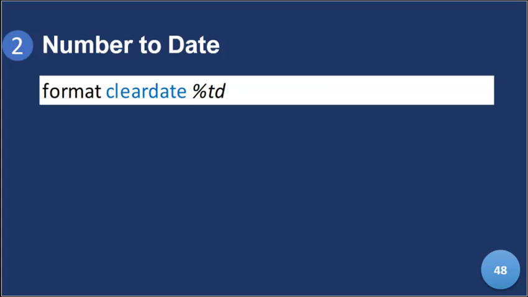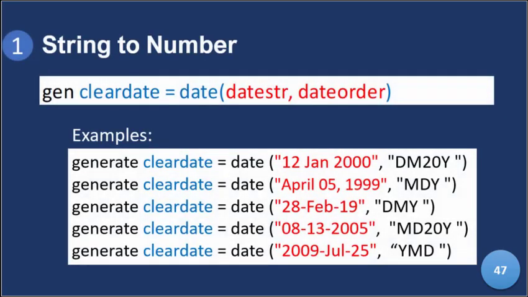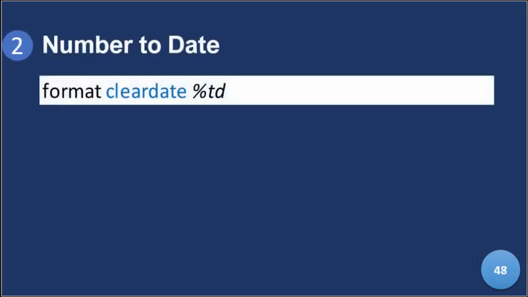Let me take it once more. The first thing to do is to use the date function to convert string to number, and then convert number to date, a date you can see, work with and calculate. So, clear_date, which you just created, percent TD. There's also percent TC, which we'll do in Module 8.